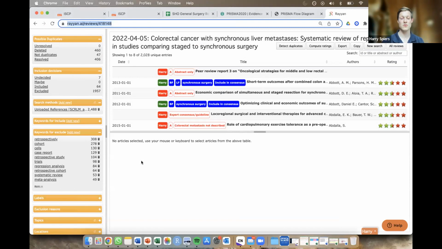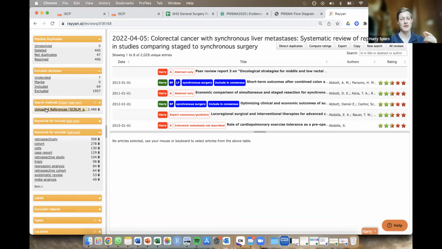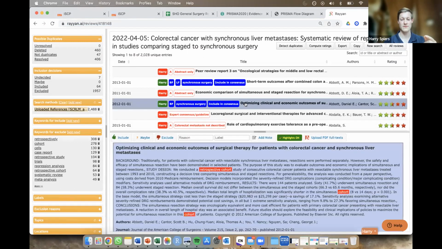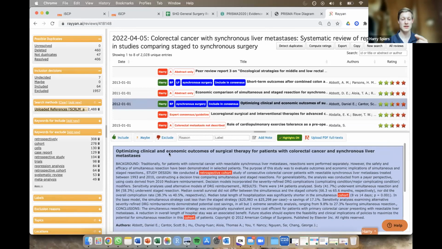And once you've done your searches and you've got all of your articles downloaded from your websites, whether you've put them into EndNote or into a kind of Google Drive, whatever it might be, it has very clear instructions on the main page about how you can upload them onto Rayyan. And essentially, when you do your triaging of all of your abstracts, when you click on one of them, it will allow you to see the title and the abstract, and then it gives you an option to include and exclude.